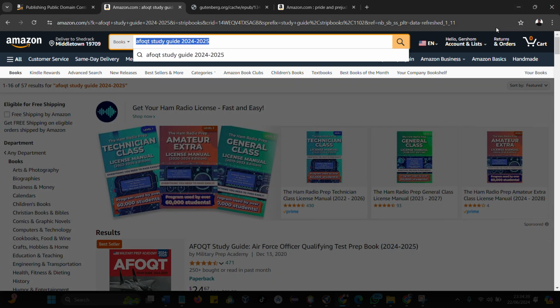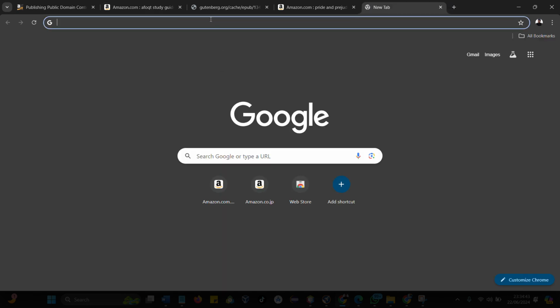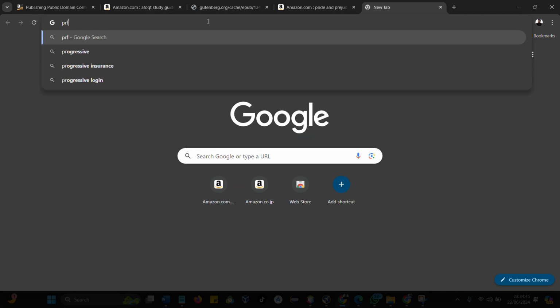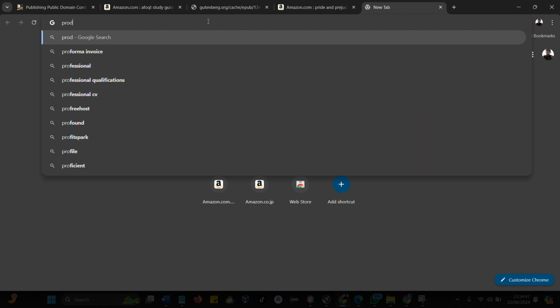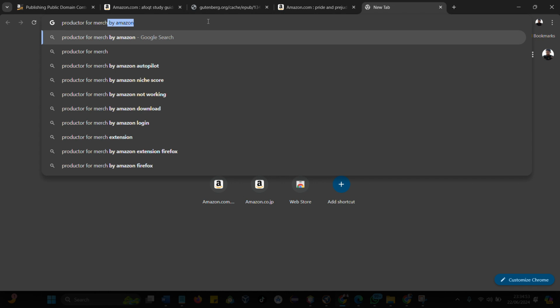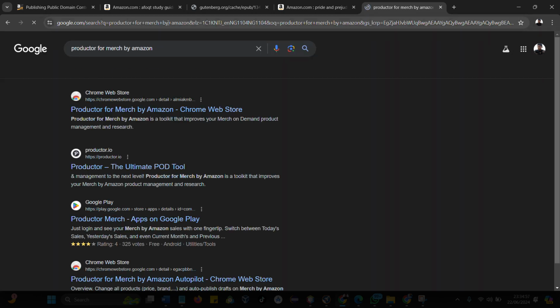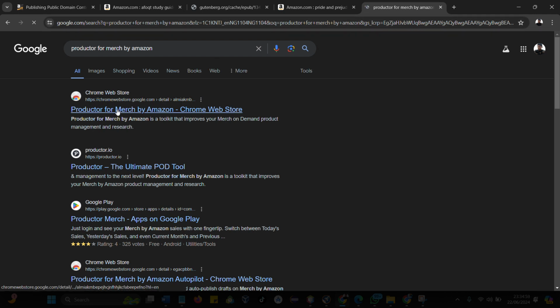Let me use my other tool. I don't have Publisher Rocket, let me just install the Product Research extension for Amazon here so that I'll be able to see the BSR ratings and all of that.